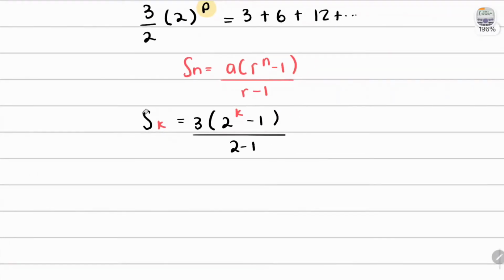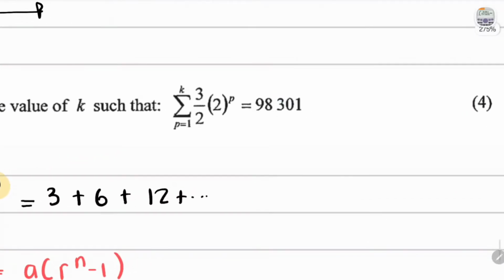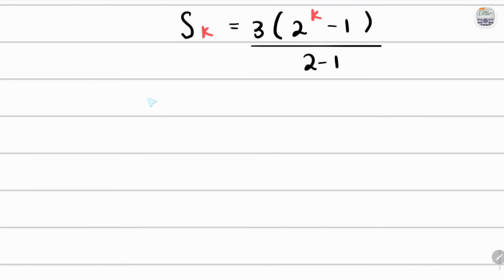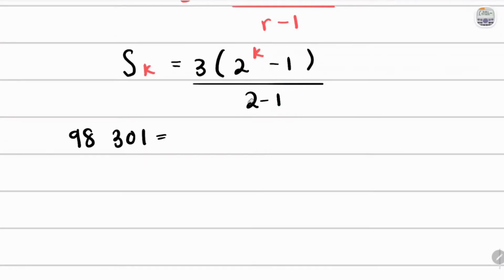Okay, so we already know what the sum of this series gives us. It gives us 98,301. So 98,301 is equal to the same expression, but 2 minus 1 is just 1. Anything over 1 stays exactly the same, so the numerator will just stay.